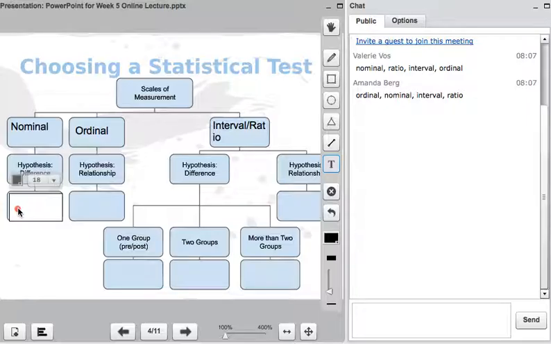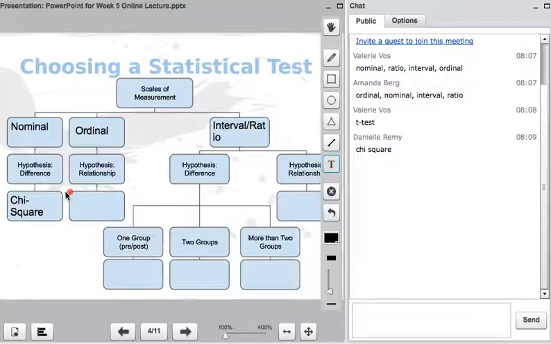No, t-tests need to work with interval or ratio data, but they do look at differences. Exactly. The chi-square is what we have, so a little bit tricky since we just talked about it. But yeah, if you were working with nominal data looking for differences, you would use the chi-square.